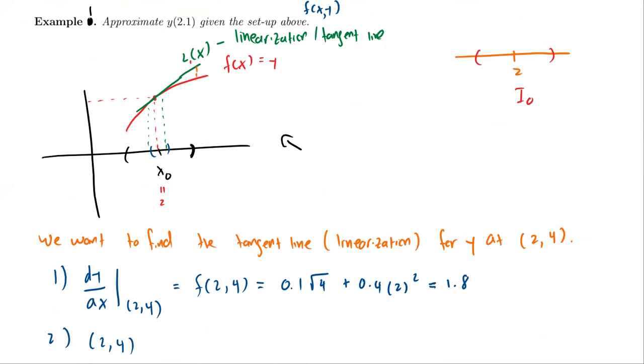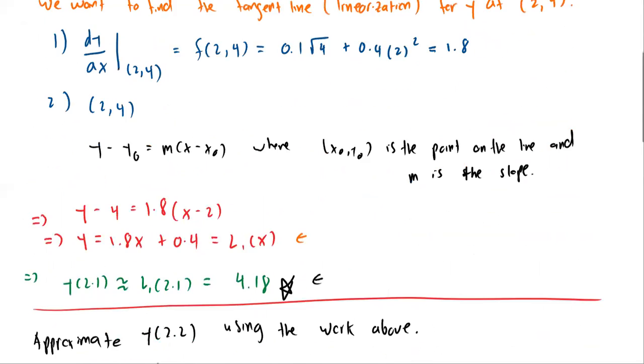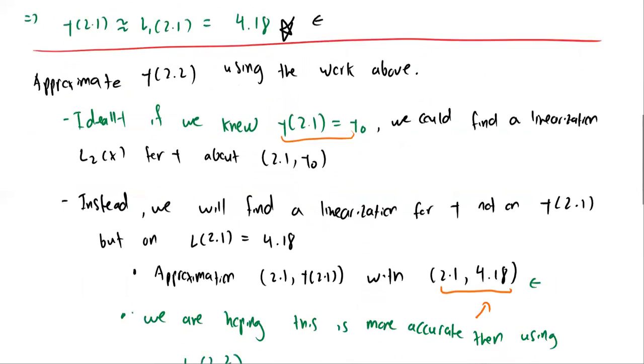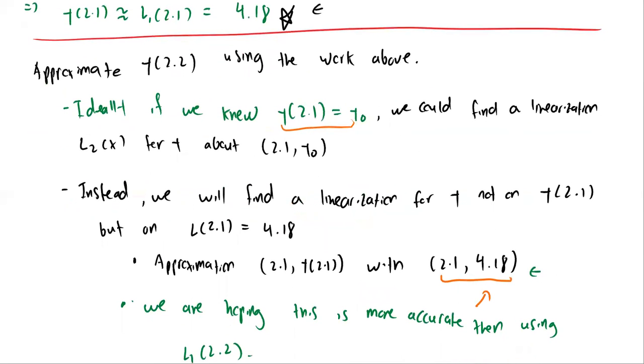So instead of approximating with this old linearization, we find a new linearization, a new tangent line about a new point. We want to get closer to 2.2, so we use the point (2.1, 4.18).